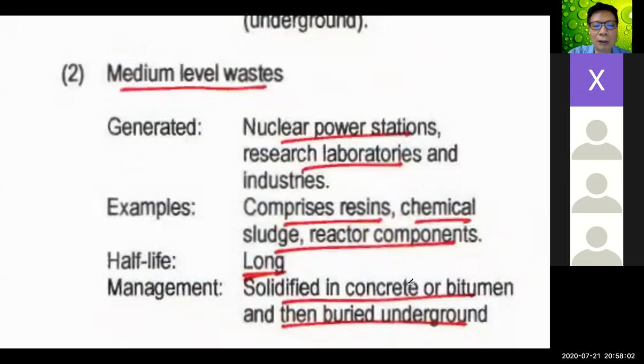Solidify in concrete or bitumen. You see, you have to compress it, then make it become solid, become concrete or bitumen. Okay, then bury it underground, also go back to the ground. So it's different now. You cannot put it in a container; you have to compress it and make it become solid like concrete or bitumen, then only bury it underground.